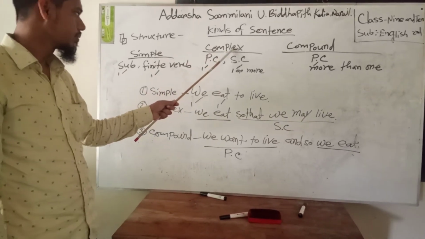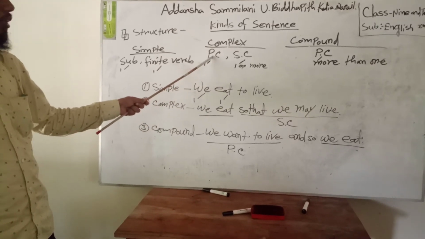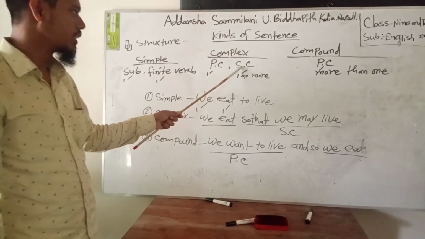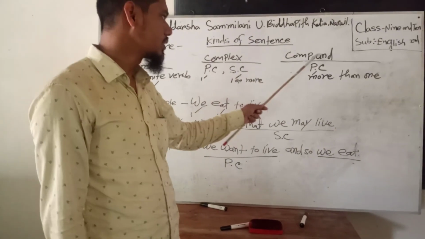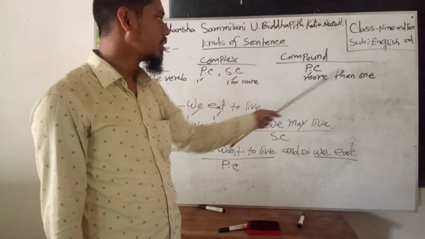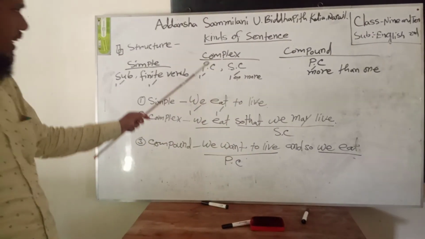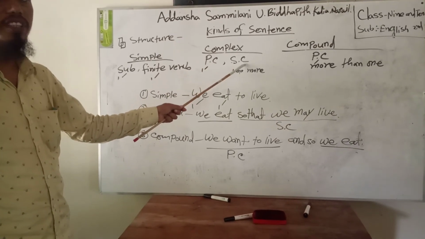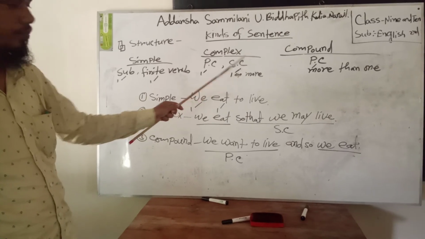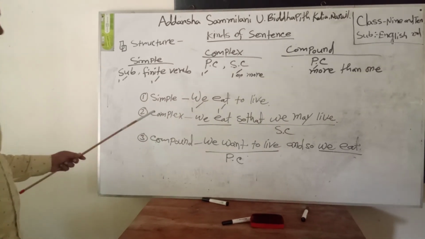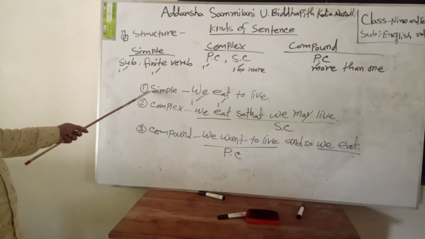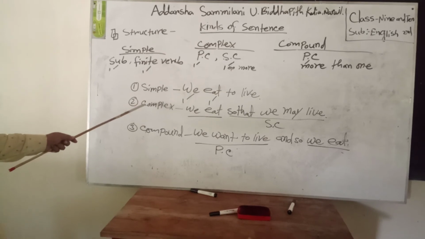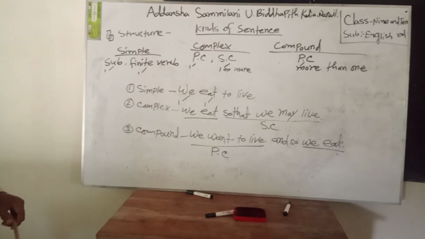Complex sentence, one principal clause and one or more subordinate clause. And compound sentence, more than one principal clause. Here PC means principal clause, SC means subordinate clause. And example, simple sentence, complex sentence, compound sentence.